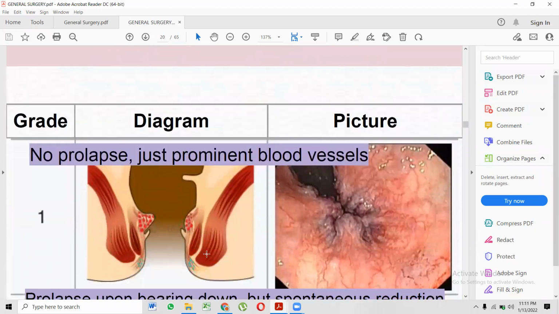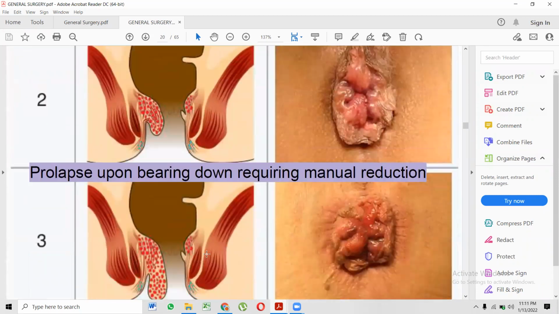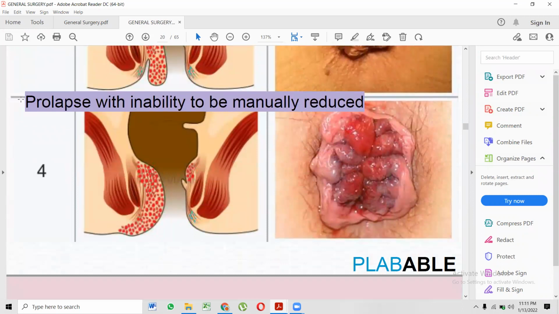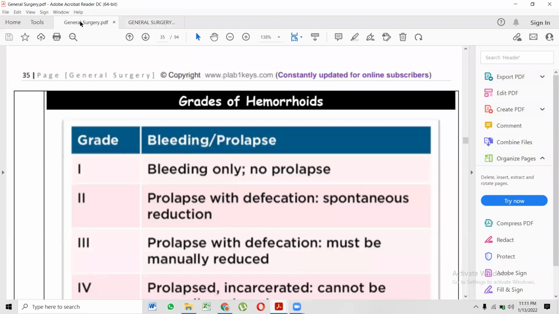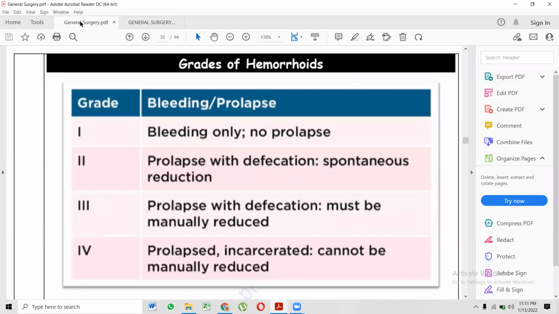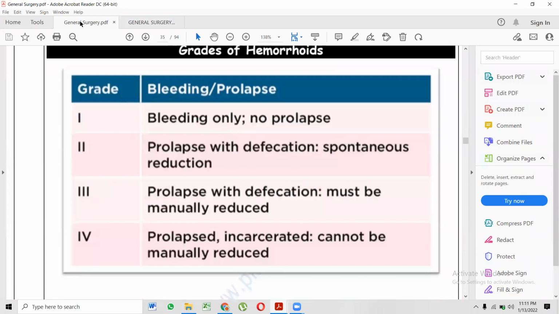Now, what are the grades of hemorrhoids? Grade 1, 2, 3, and 4. If there is only bleeding, then the grade of the hemorrhoid is grade 1.